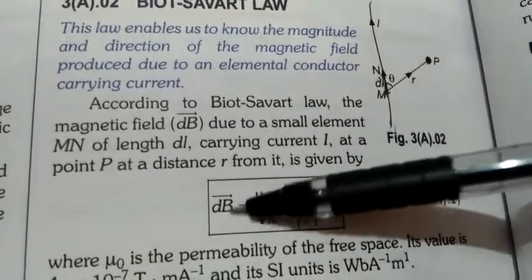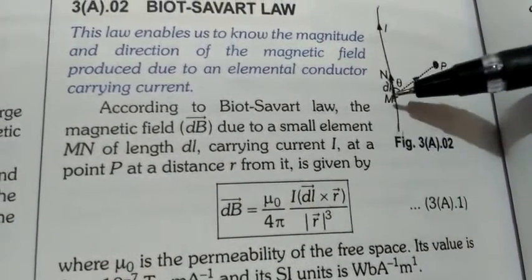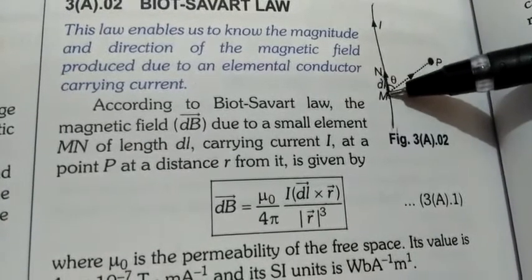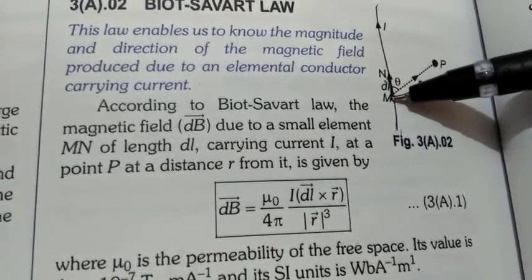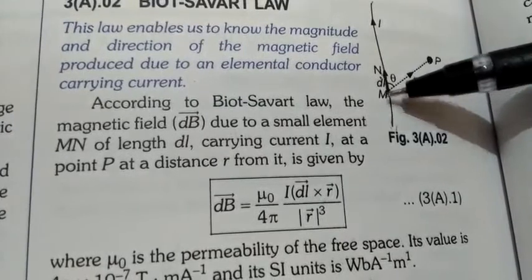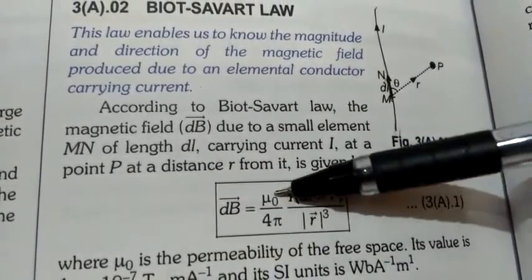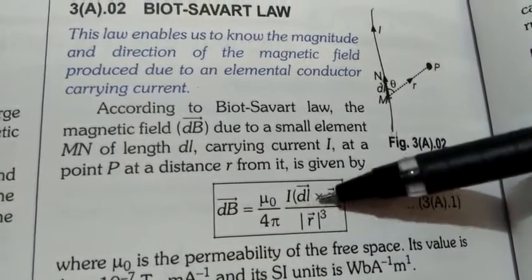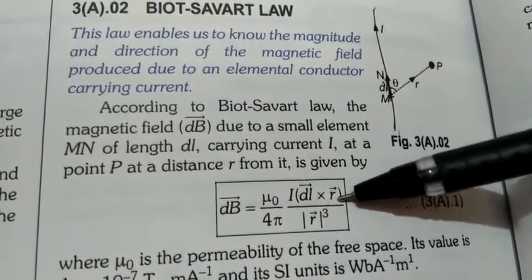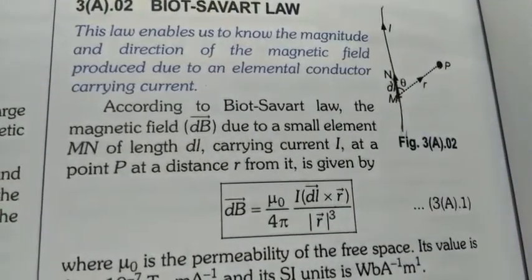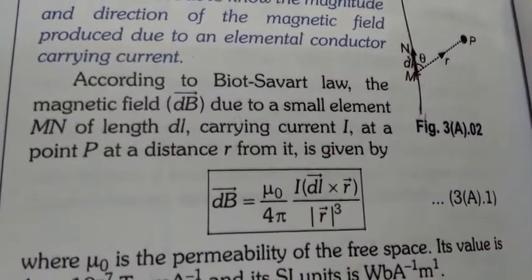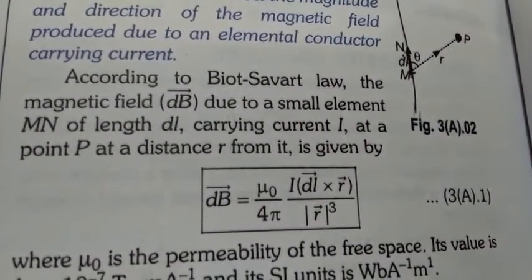Here why we have taken dB? See, because this is a small element of wire dl, so magnetic field also will be small, so that we will show as dB. dB equals mu naught upon 4 pi I dl cross r upon r cube. Okay. This is the standard form to write Biot-Savart law.